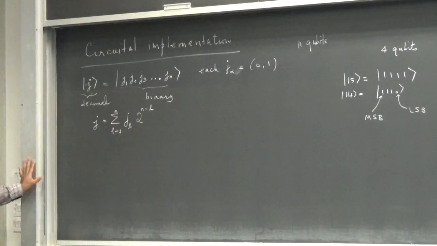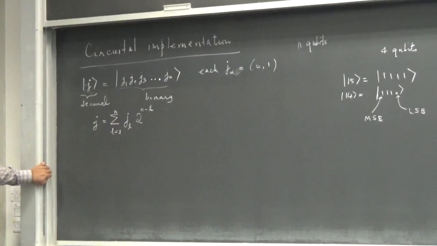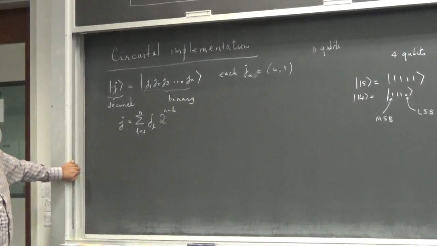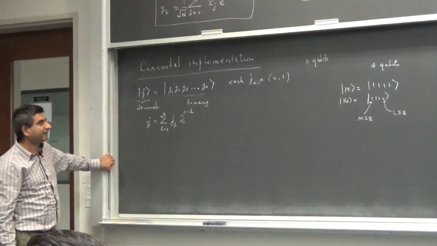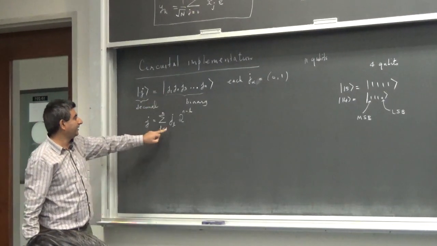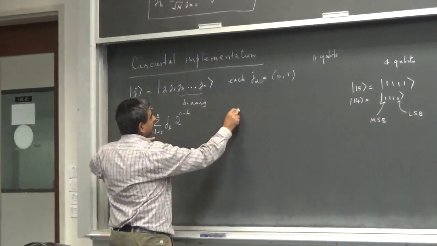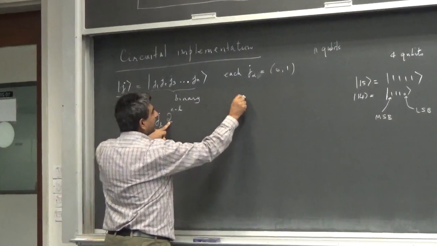Is this correct? I think it's correct. So the most significant bit is J1. So most significant J1, 2 raised to power n minus 1.